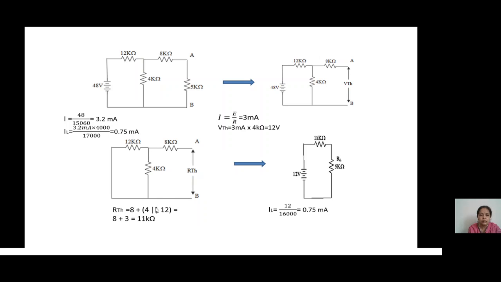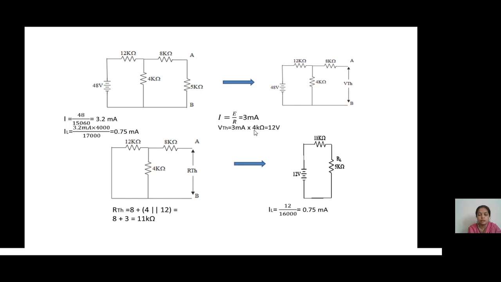Whenever resistances are in parallel, we take the reciprocal. 1 by R is equal to 1 by R1 plus 1 by R2 plus 1 by R3, like that. So we find the effective resistance across the output terminal by looking at the circuit from the output terminal. This effective resistance is called as RTH.